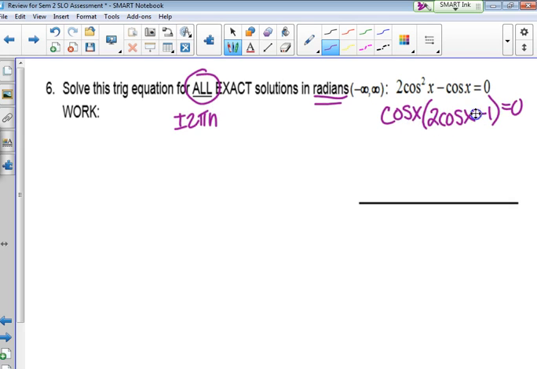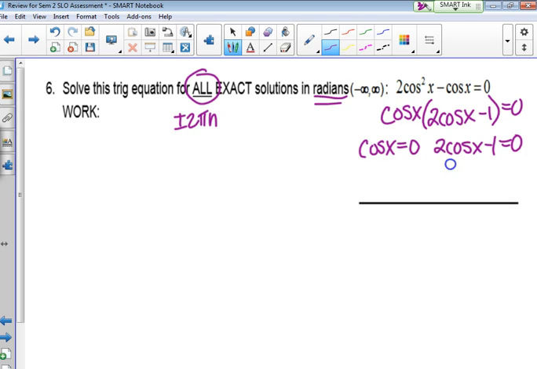Now we have two things that multiply to make 0, and that's the only time we can separate them and set them equal to something, right? You can't have something times something equals 1. Some of you did that on a quiz, and I was totally confused. Okay, if they equal 0, then one of them has to be 0.